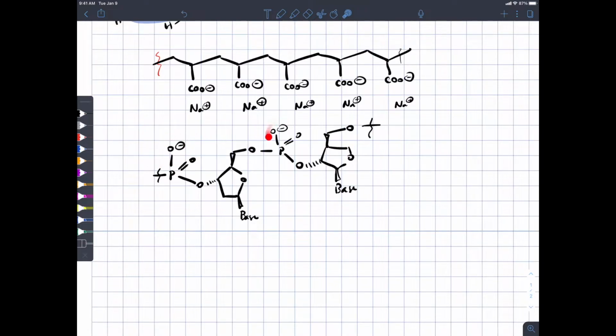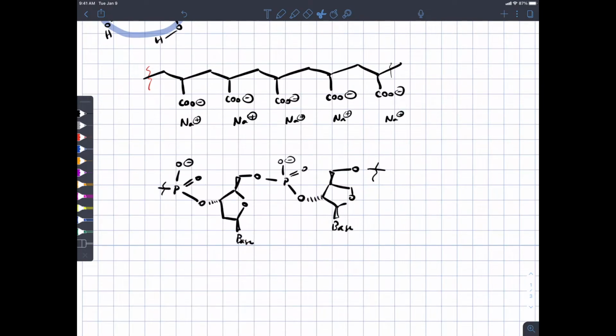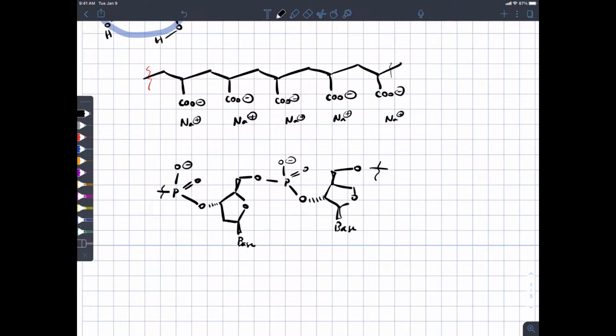You have these negative charges in the backbone of the nucleic acid, and they are often associated with counter ions, and especially with even ATP, but in DNA and RNA as well. Frequently you'll have magnesium as a counter ion because it can interact with multiple oxygens to stabilize the negative charge.